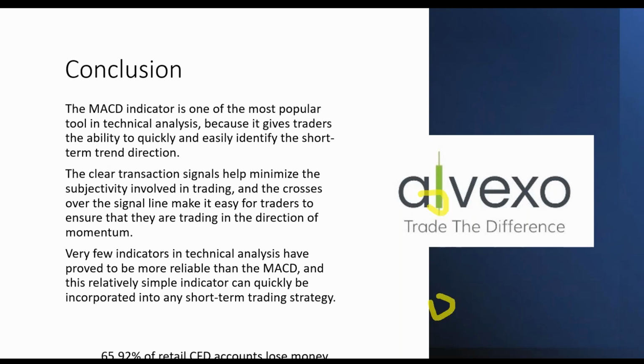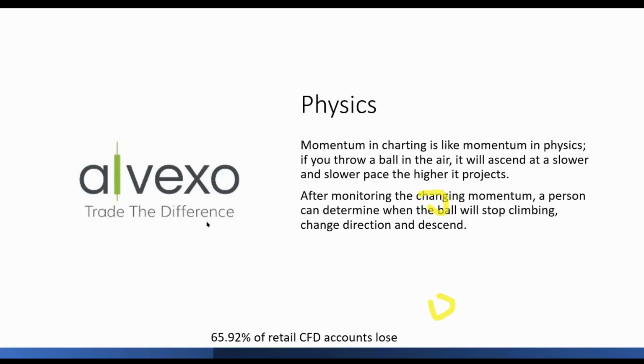The clear transaction signals help to minimize the subjectivity involved in trading, and the crosses of the signal line make it easy for traders to ensure they are trading in the direction of the momentum. Very few indicators in technical analysis have proved to be more reliable than the MACD. And this relatively simple indicator can quickly be incorporated into any short-term trading strategy.